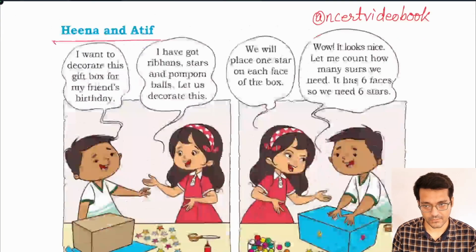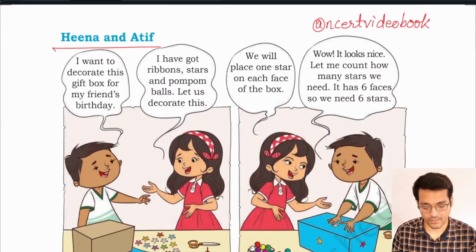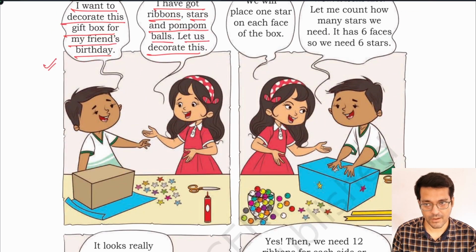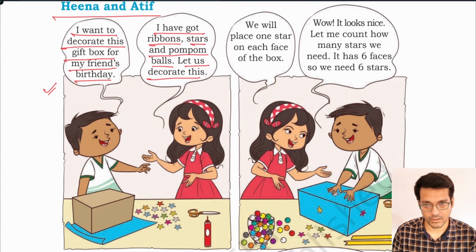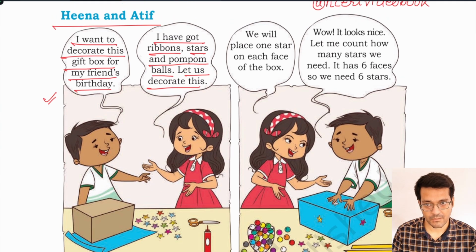Hina and Atif. Atif says, I want to decorate this gift box for my friend's birthday. Hina says, I got ribbons, stars, and pom-pom balls. Let us decorate this.